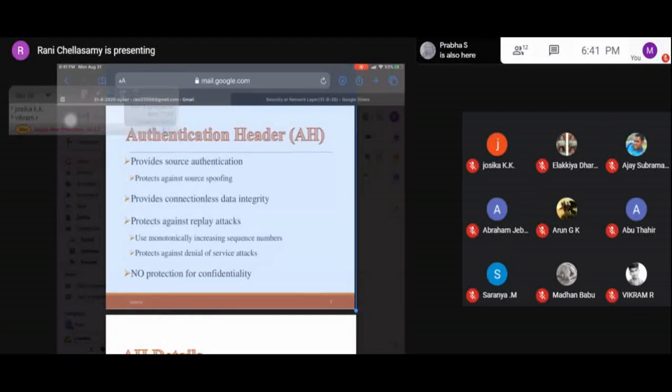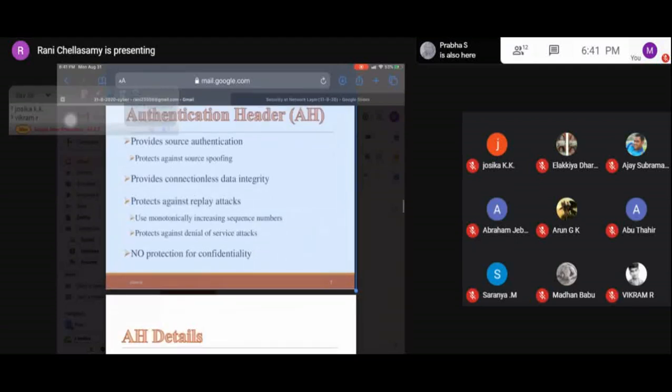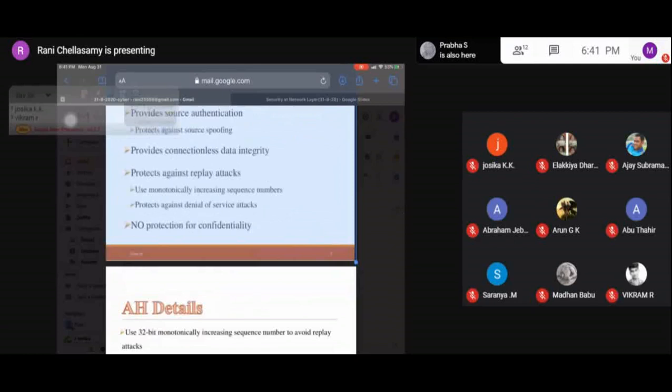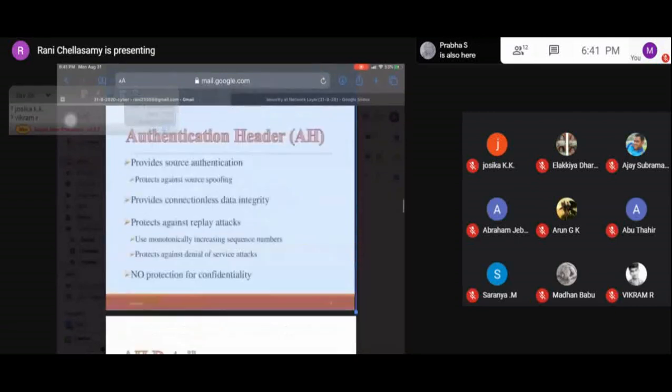By protecting against replay attacks, you can also protect against denial of service attacks. But there is no protection for confidentiality. This authentication header will provide source authentication, data integrity, and protection against replay attacks, but it will not provide protection for confidentiality.